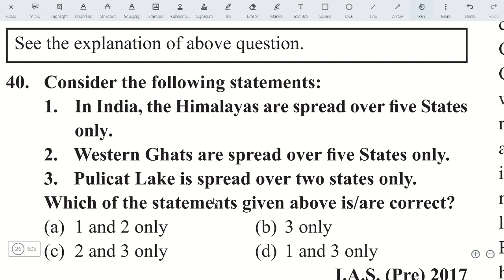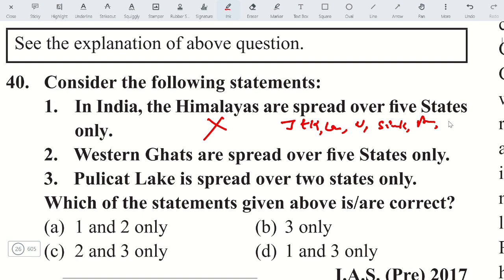In India, the Himalayas are spread over 5 states only. This is wrong because Jammu and Kashmir, Ladakh, Uttarakhand, then Sikkim, Arunachal Pradesh, Nagaland, some of West Bengal, Assam, Manipur: many states. So this one is wrong. Western Ghats are spread over 5 states only.